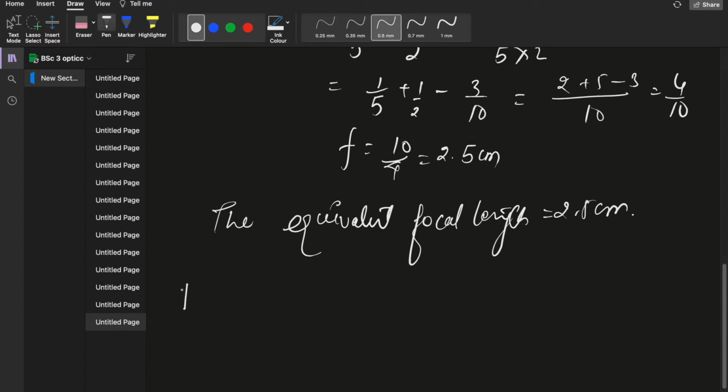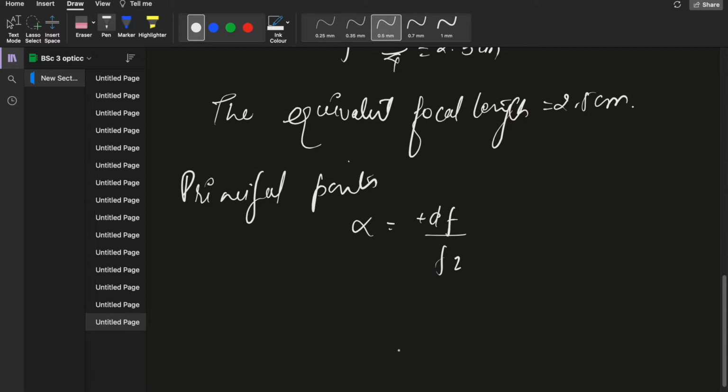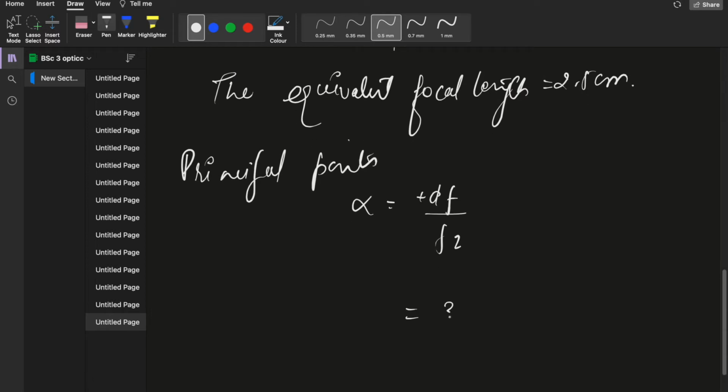If you remember, our principal points are denoted by alpha. Alpha can be written as plus d f upon f2. Here d is 3, equivalent focal length f is 2.5, and f2 is 2. So this is plus 3.75 centimeter.